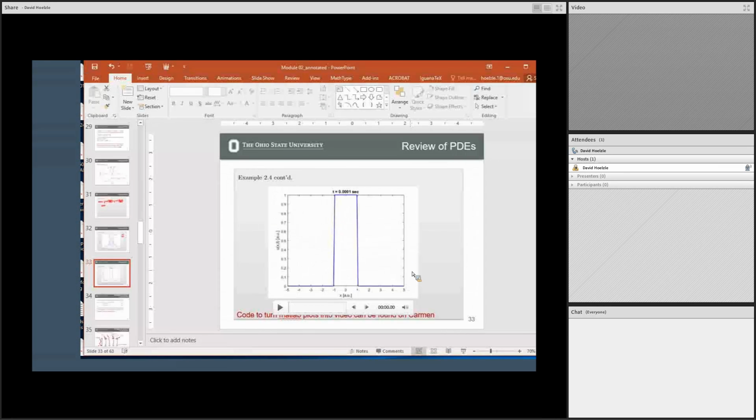We'll try not presenter mode and see if this works. I don't know why the projector shut off.